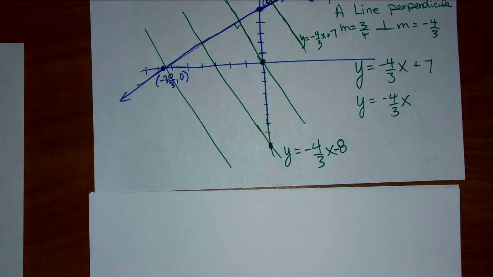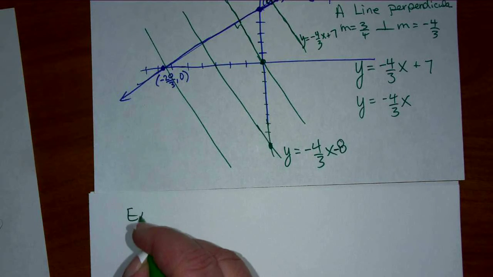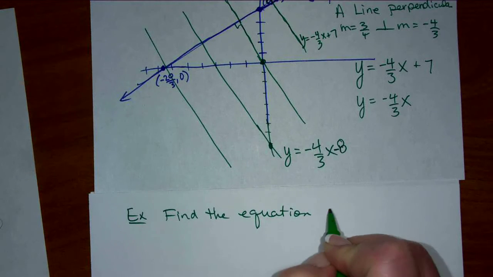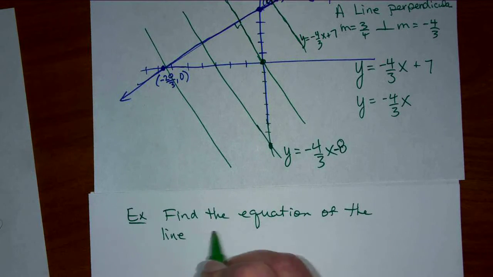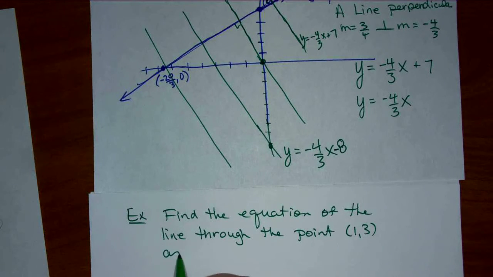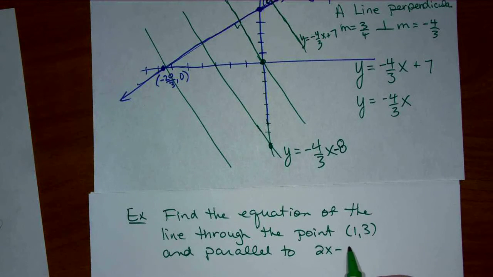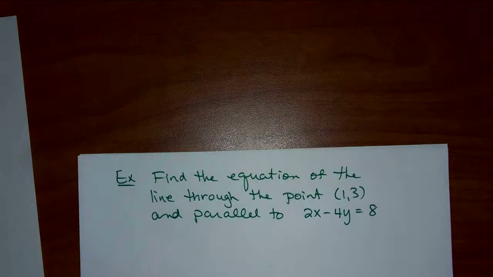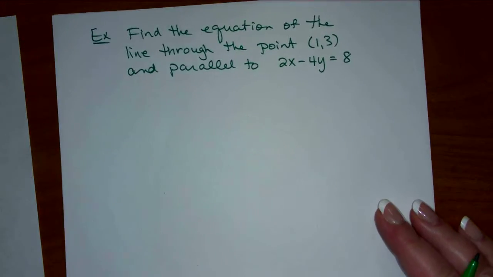Okay, so let's do 2 questions, one with parallel and perpendicular. So find the equation of the line through the point 1, 3 and parallel to that line.